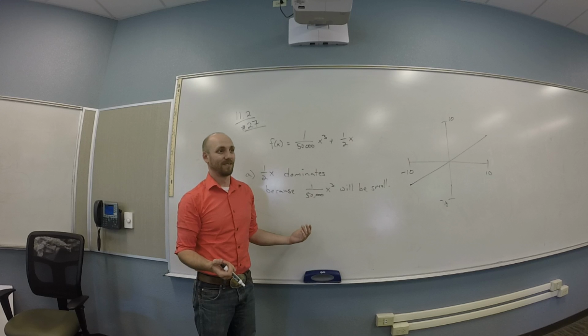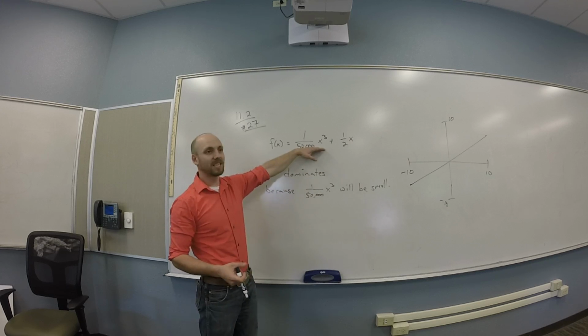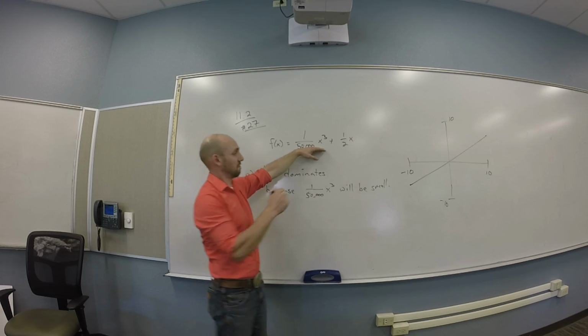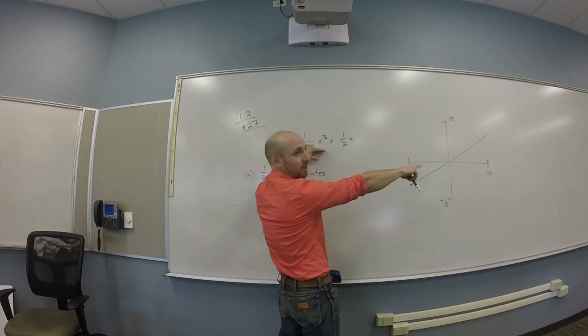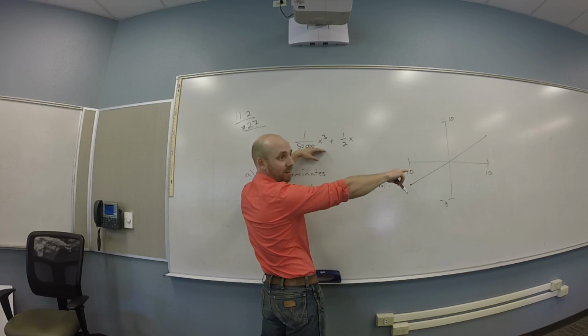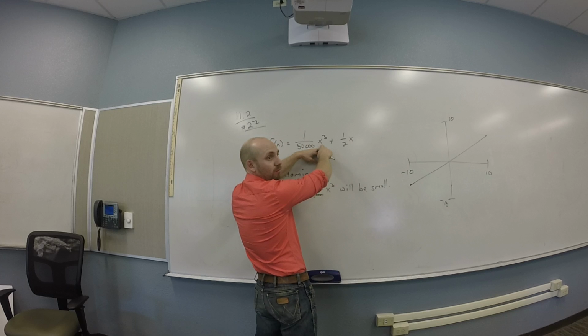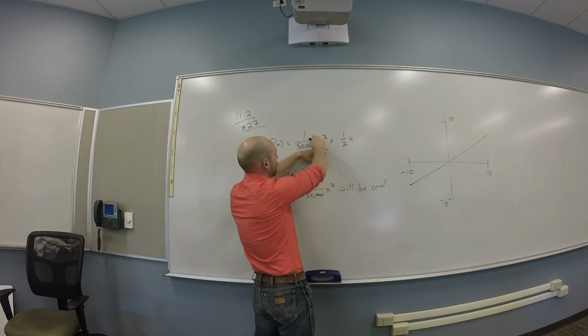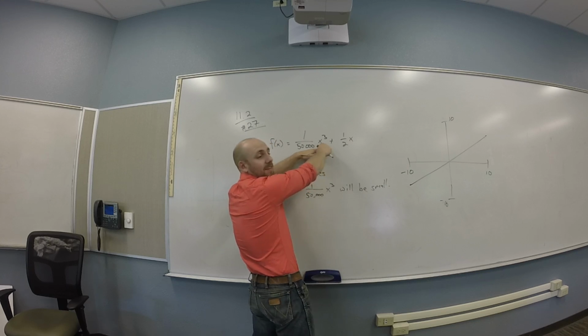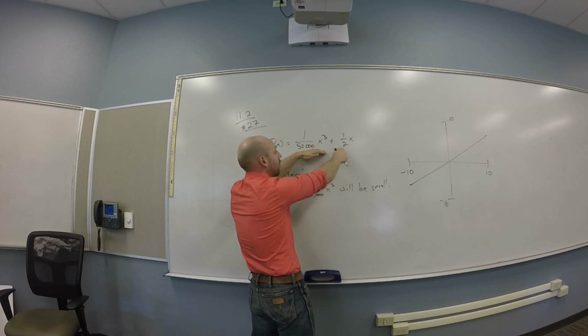You guys see that? At that right-hand end, when I plug x is 10 in here, I get 1,000. And so 1 over 50,000 times 1,000 is 1 over 50, which is pretty much 0.